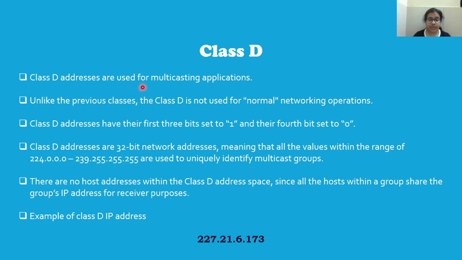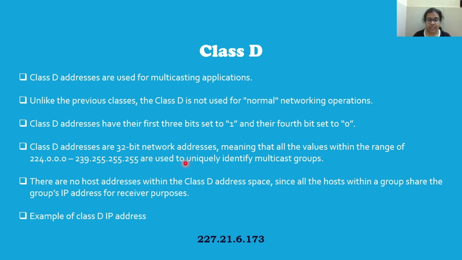Class D addresses are used for multicasting applications. Unlike the previous classes, class D is not used for normal networking operations. Class D addresses have their first three bits set to 1 and their fourth bit set to 0. Class D addresses are 32-bit network addresses, meaning that all values within the range of 224.0.0.0 to 239.255.255.255 are used to uniquely identify multicast groups.